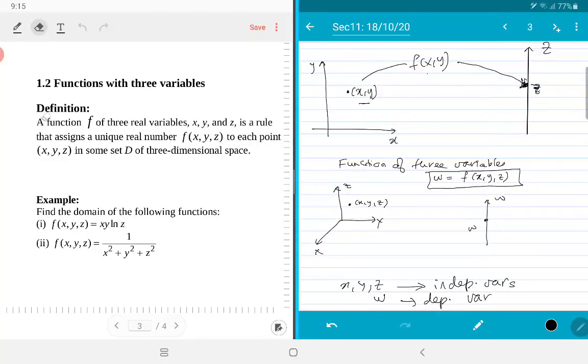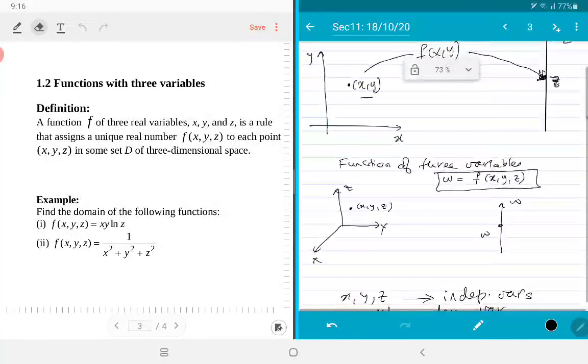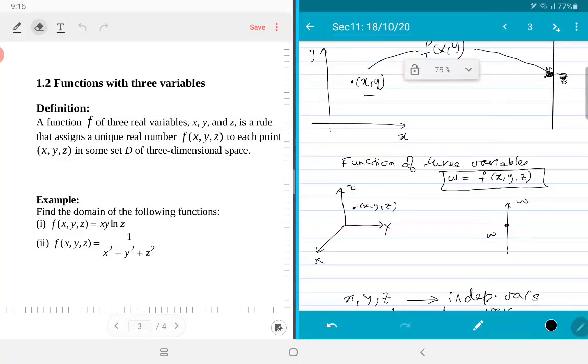Okay, now according to the definition of function f, it's a rule. So let's say you have a point in three-dimensional space. The point is (x, y, z). So here we have three-dimensional space, y-axis, x-axis, and z-axis. So here we have a point (x, y, z). So when you put this point (x, y, z) in a function f, it will give you a unique value w.